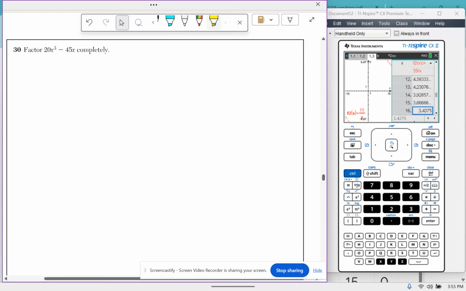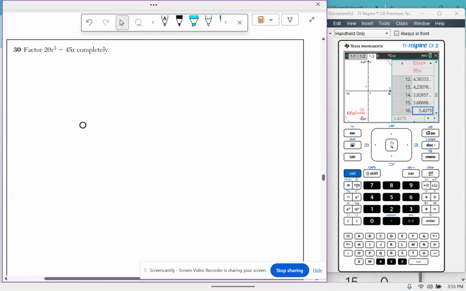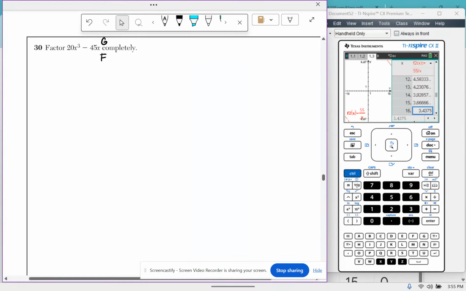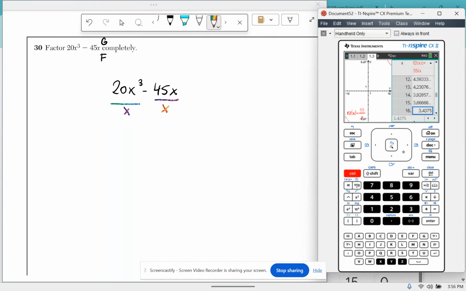Question 30, factor completely. When I see the word completely, I'm going to write GCF. I'm going to look for a GCF in 20x cubed minus 45x. So it looks like they both share an x, so that's definitely going to be the GCF, but then there's also a constant out front. And do you remember the trick I showed you guys?